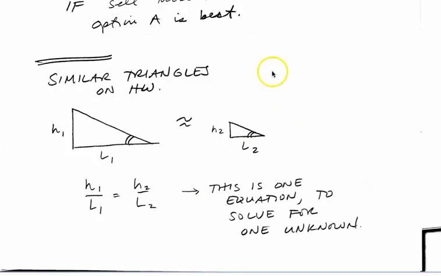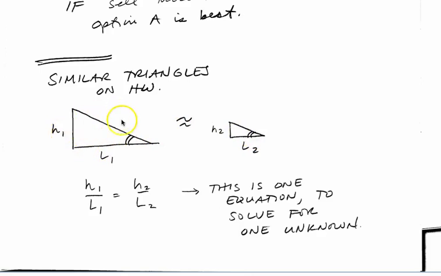So one little hidden nugget here: you'll end up with opportunity with similar triangles on your homework. As long as we've lined our triangles with the common angle in the same location, then we just use a ratio here.